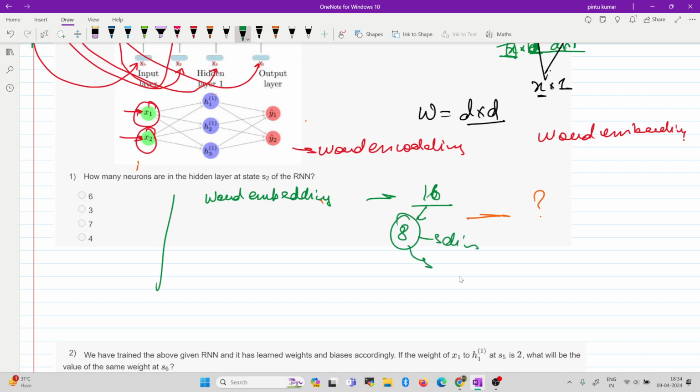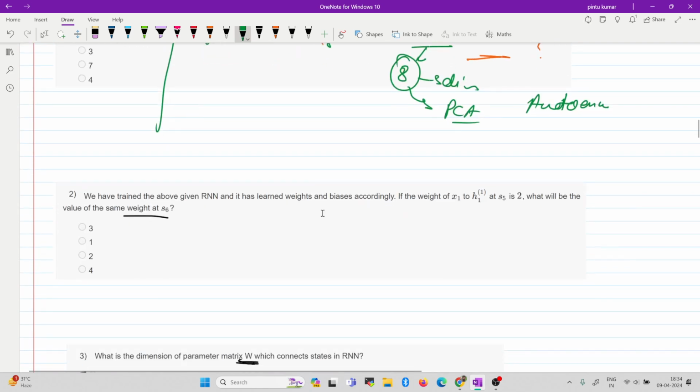Then you can do some kind of dimensionality reduction like PCA, or you can train a small autoencoder before passing it to your RNN. Those kinds of things you can do. So here you will not pass the words as they are, rather you will pass the encoding of your words. This was the point that I wanted to make.